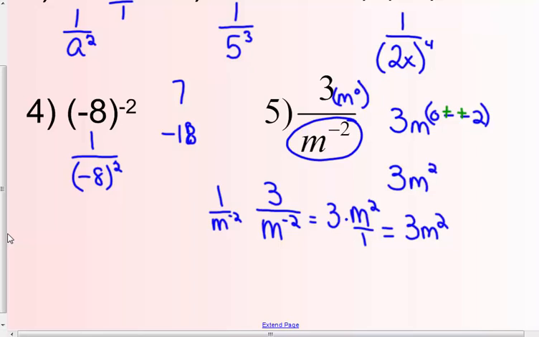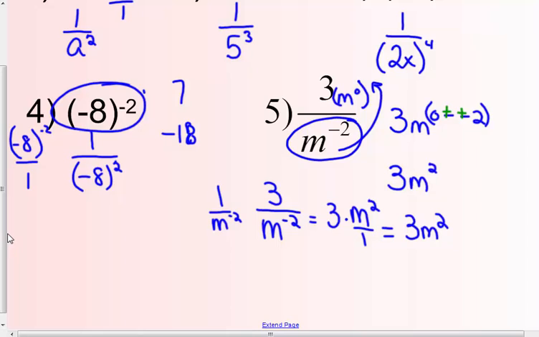Or I could think of, how do I make something that's negative in the denominator its multiplicative inverse? Well, I make it positive and move it up to the numerator. If it's in the numerator already, like number 4, that's really negative 8 to the negative second power over 1.